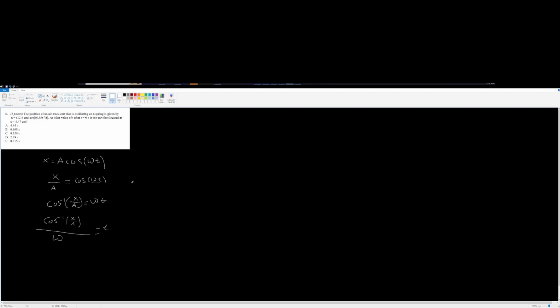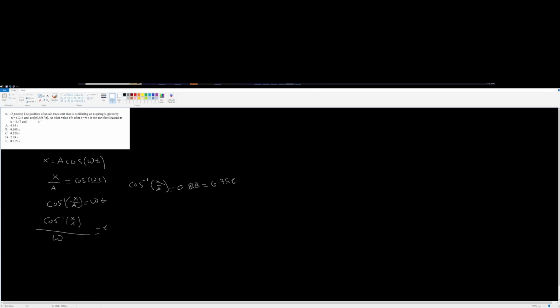So in this case, we're taking the inverse cosine of x over a, which is going to give us 0.818 radians, and that's going to equal 6.35, which is our omega, and we know that because it's just written in here as omega.